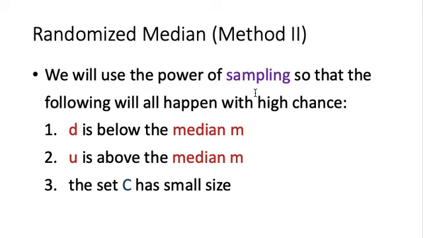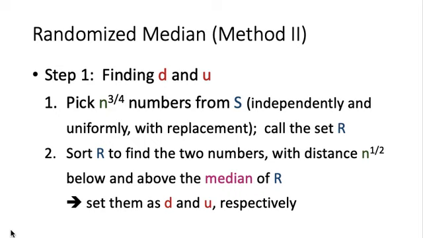First of all, by using sampling, we will get the number D, and then D will be below the median M. And then U will also be above the median M. And also, D and U are close to the median so that the set C will have small size. Now we are going to look at the details of each step. And after that, we will analyze the correctness, the running time, and also the chance of failure.